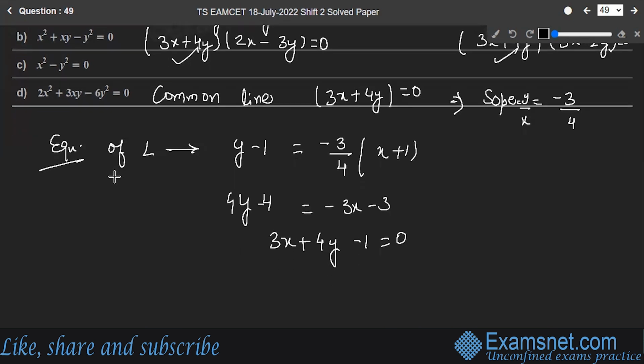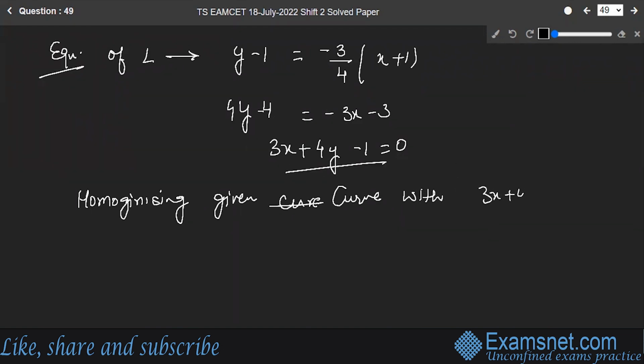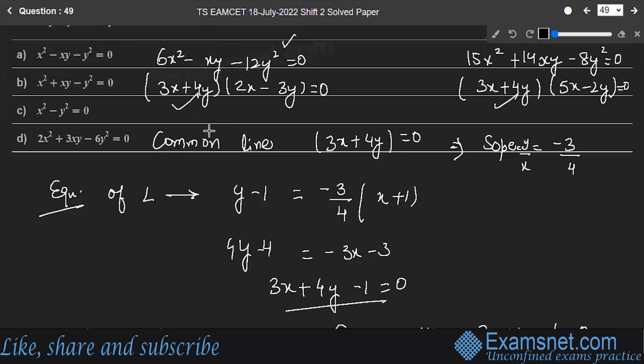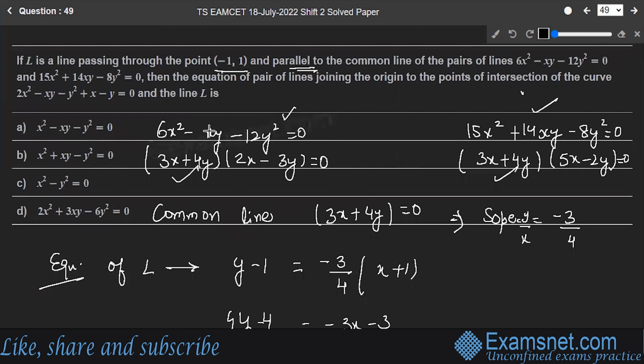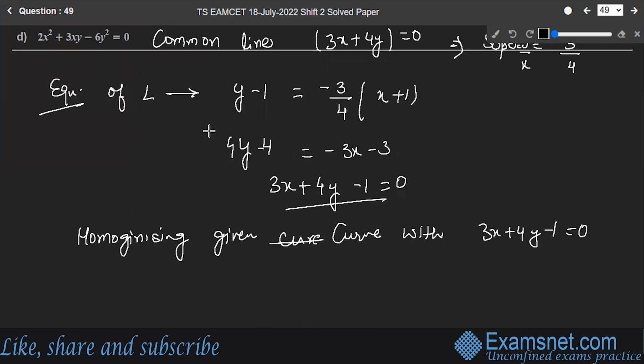Now, next, homogenizing the given curve with this line 3x plus 4y minus 1 is equal to 0. Let's write it first.